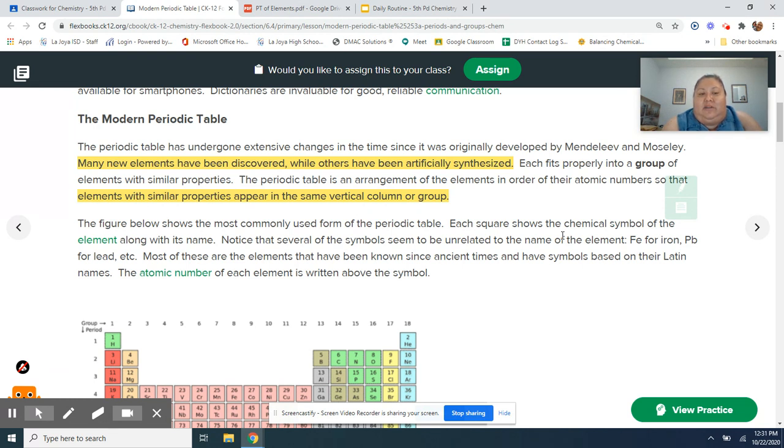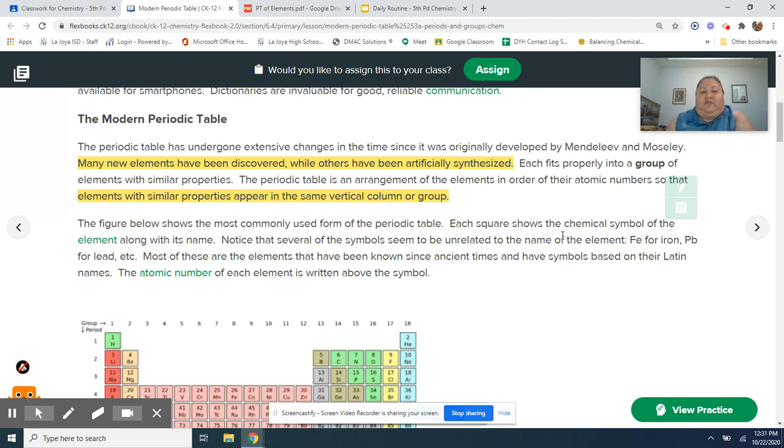Elements are grouped together because of their similarity in chemical properties, in vertical groups or columns. And this was all Mendeleev's version, right? Mendeleev was the first one to start to group them by similar properties. Moseley was the one who rearranged it by atomic number.